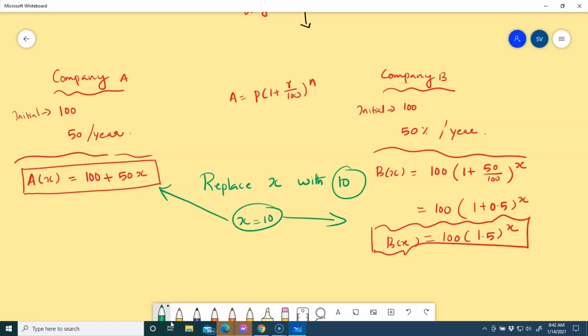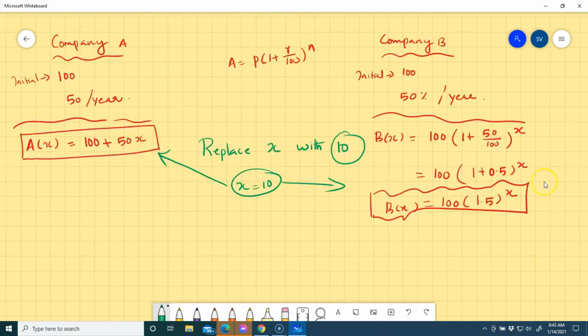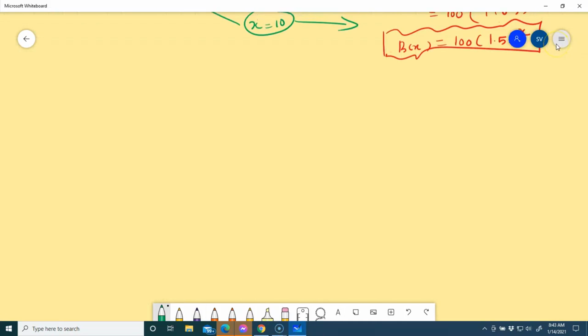That will give you information about company A and company B. After the calculation, you can see that company B is going to lead the situation after 10 years. That is actually the effect of an exponential function in actual sense.